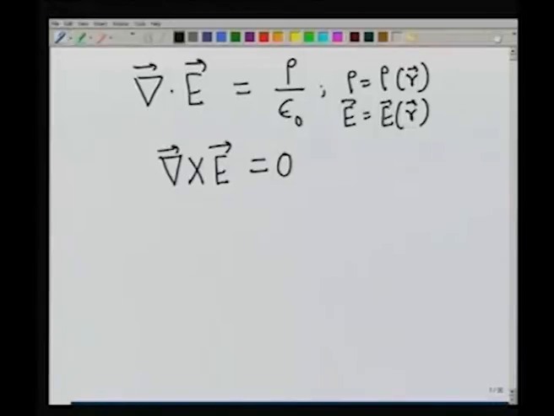So, let me repeat, all of electrostatic phenomena can be understood in terms of these two equations. They may involve free charges, they may involve bound charges, dielectrics, conductors, whatever they may be, so long as we are looking at phenomena which are electrostatic, these two equations are sufficient.